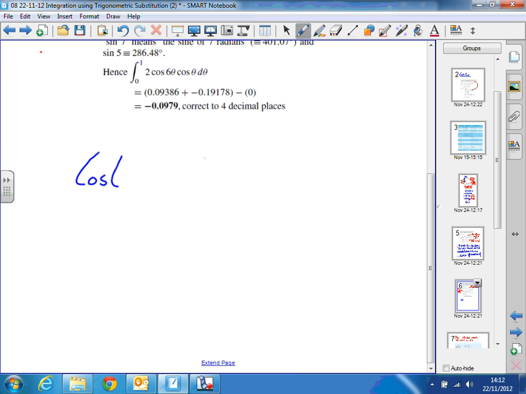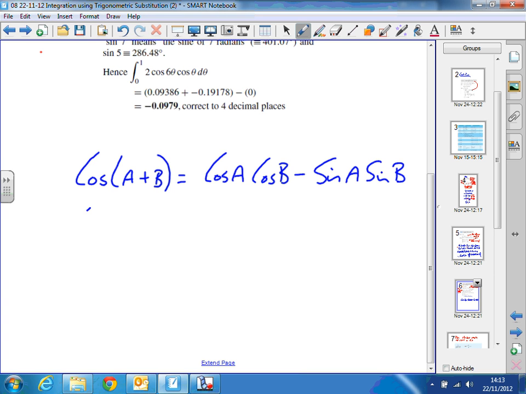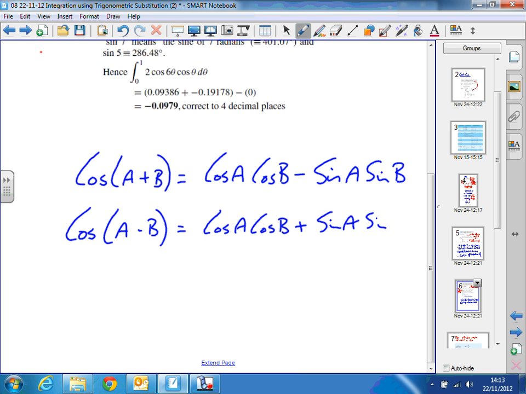The cosine of A plus B equals the cosine of A times the cosine of B minus, this time, sine of A sine of B, and similarly the cosine of A minus B becomes the cosine of A times the cosine of B plus sine of A sine of B. And following a similar argument to the one we've just been looking at, you could then show the identity that we use here.